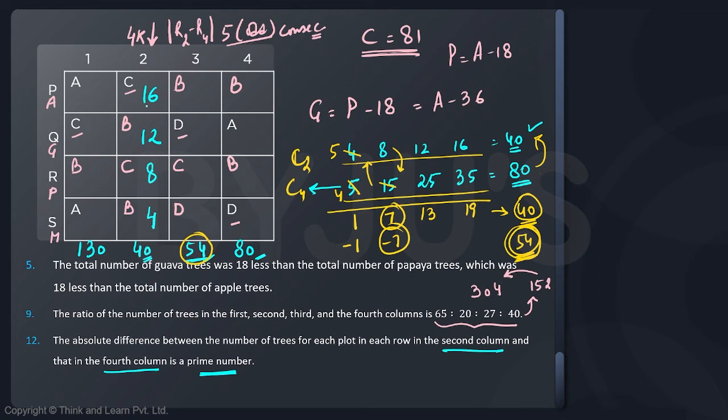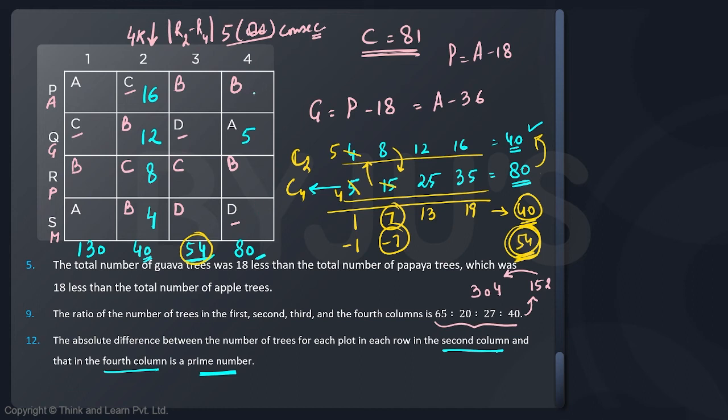See, 16 has a difference of 7 with 9 or 23. But 9 and 23 are not in the fourth column. Let's talk about 12. 12 has a difference of 7 with 5. So if I write 5 over here, it actually became 5 minus 12 rather than 12 minus 5, and this will actually make my total difference as 54. If you check that, just check for the other numbers now.